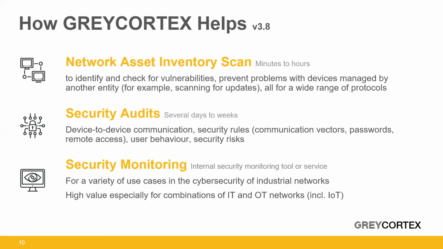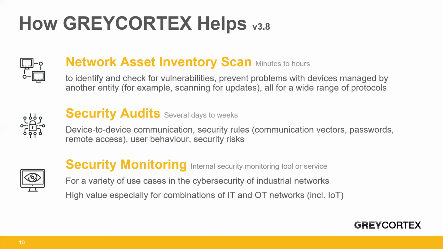The smallest, or the easiest, is something that we can call a network asset inventory scan. This is something that can be done in one location pretty fast, in minutes to hours, and basically it's a snapshot of the network, and the black box network can become much brighter so that you see what devices are there. You can see the vulnerabilities and so on.